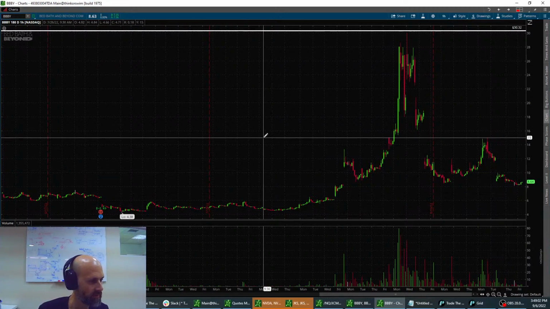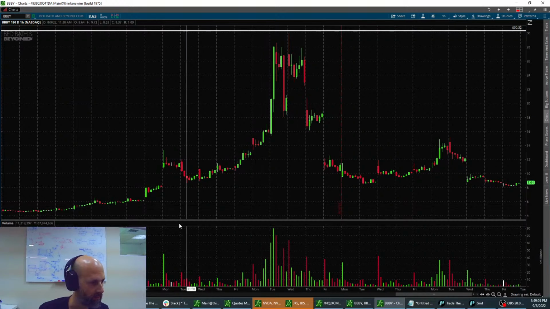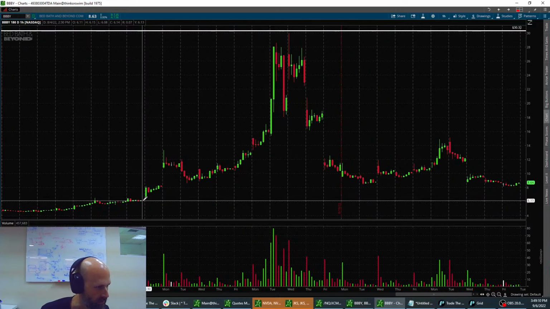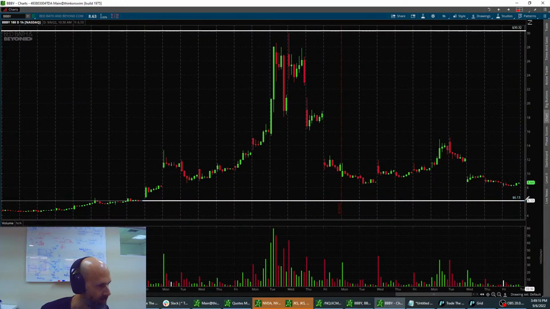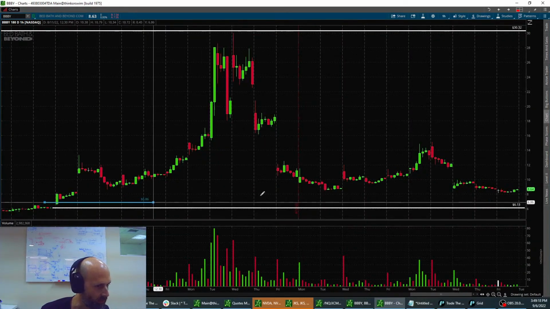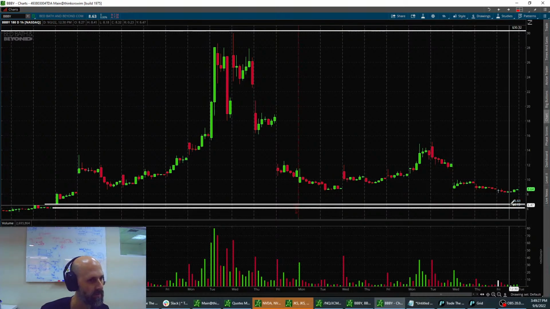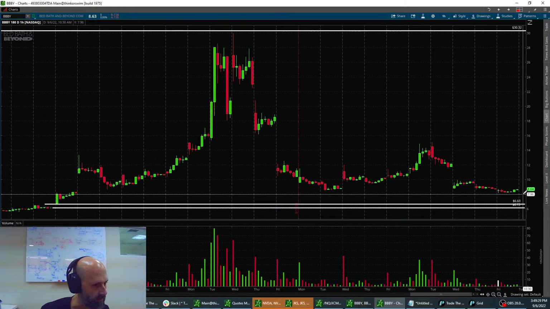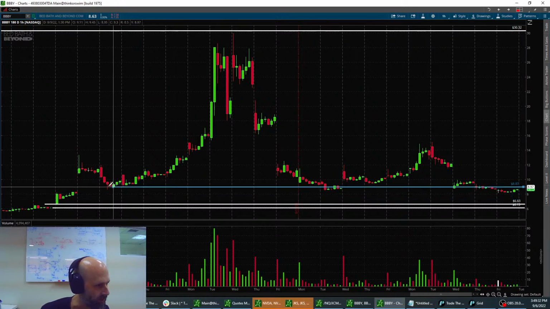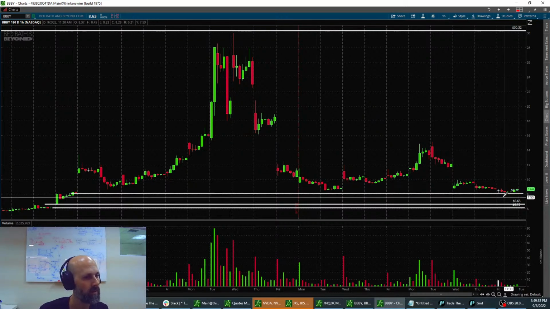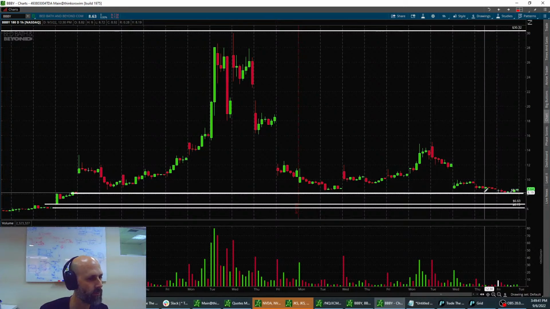What I want to do is mark levels that I can work with and find resistance or support when we reach them again. So first of all, this gap is still open from around $6, 6.10, 6.55. We can mark those levels, and above that we can mark this gap that just got closed on Friday at around 8.19, 8.12.